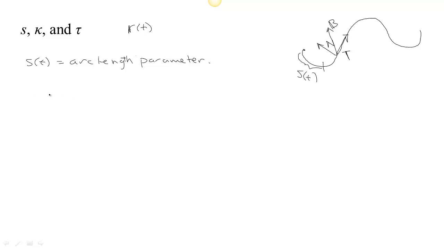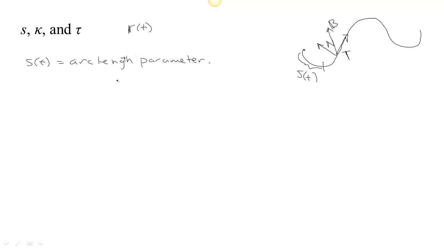Okay. We'll also be interested in how the unit tangent changes, because if the unit tangent is changing a lot, then we would think that this is a very curvy curve, right? And if the unit tangent is pretty much constant, then we would think that our curve is fairly straight.